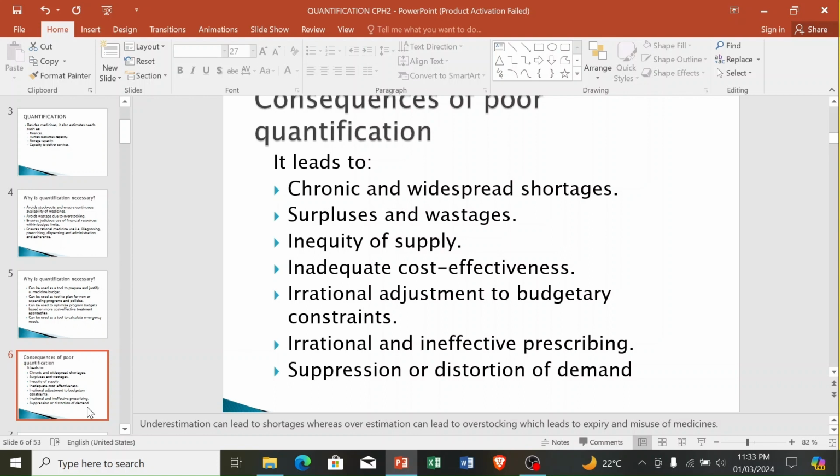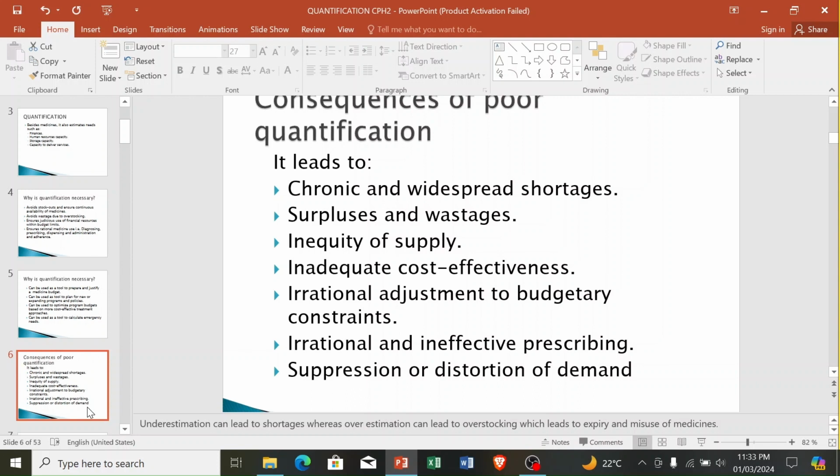So if we do not quantify, we may allocate, for example, more of the budget to the necessary medicines compared to the vitals, and yet the vitals are the ones that we need more. So we see that there will be inequity of supply.